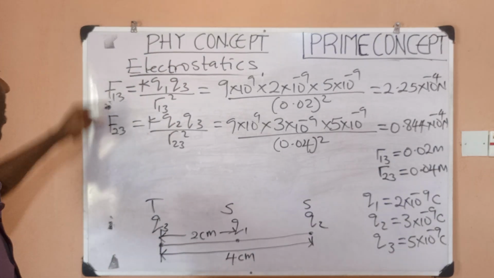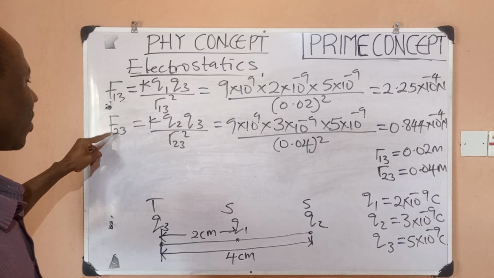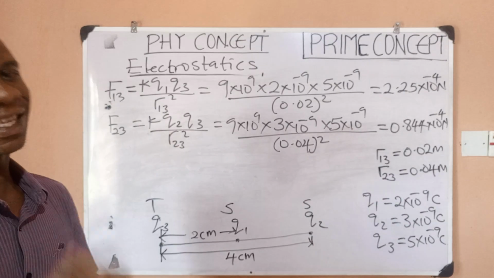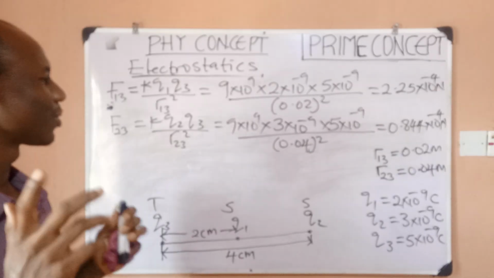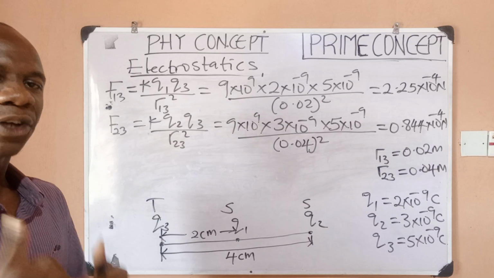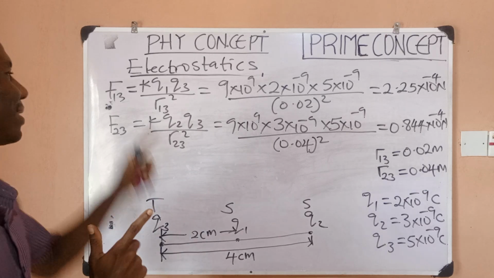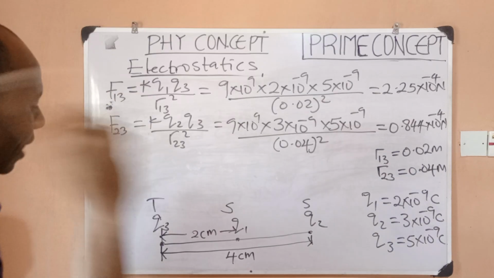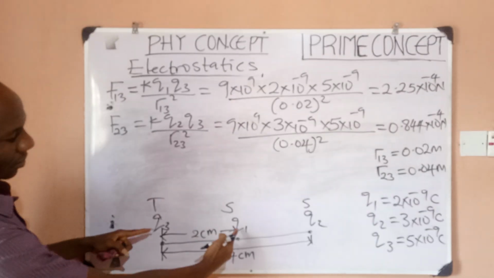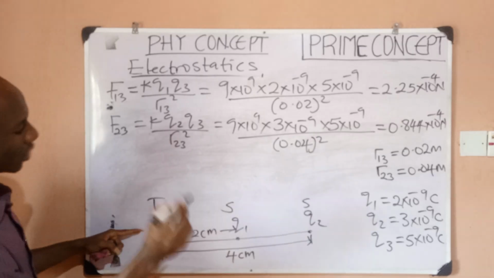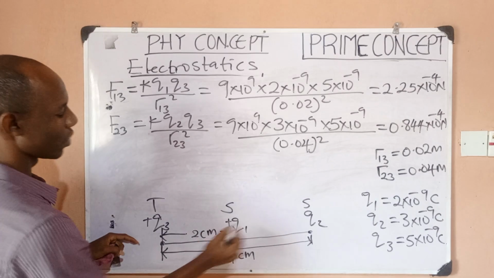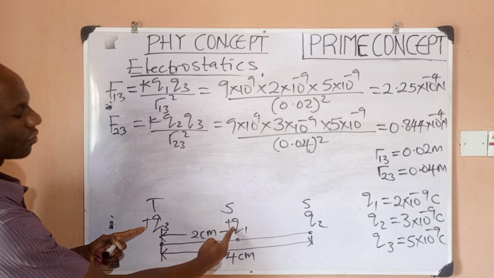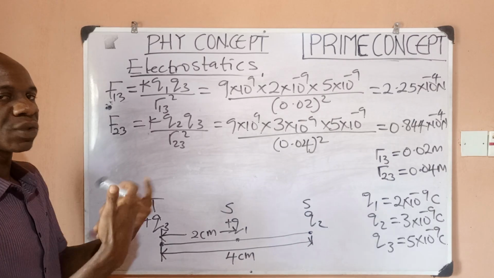Now, since I've gotten F13 and F23, what is the next thing to do? The next thing is to get your net force, and before you get your net force, you need to find the direction of these forces. Let's do the first one. Between this and this, notice they are both positive, and when you have positive charges, you have a repulsive force.